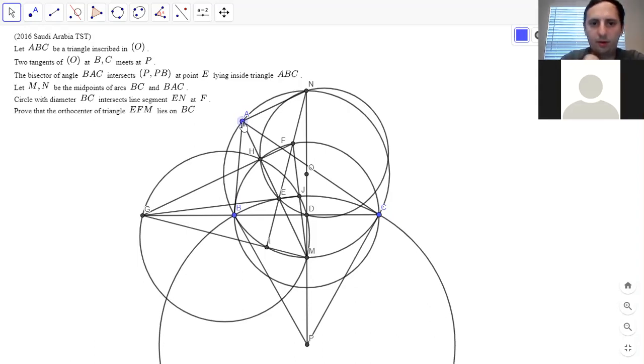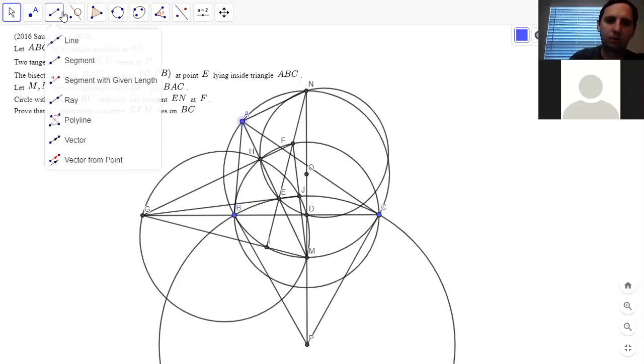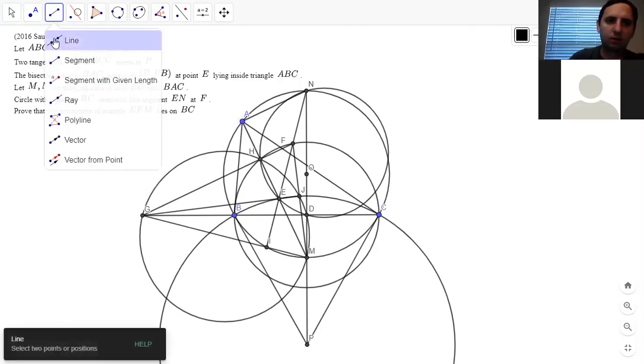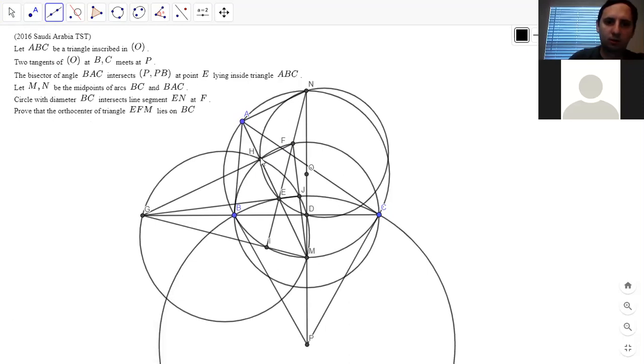How do we prove that one? Well, I guess we could try doing power of a point from M, right?